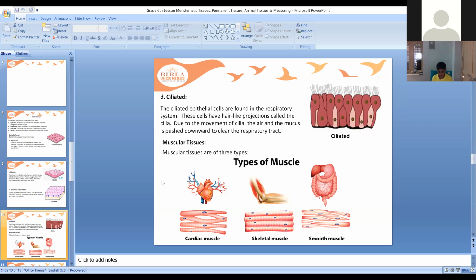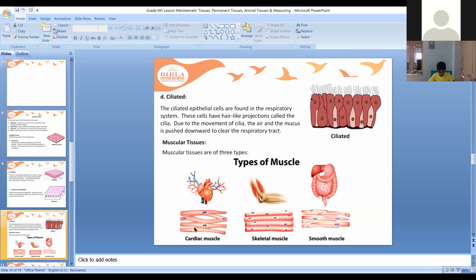Involuntary, ma'am. Involuntary. What do they help in? Yes, Joshit. Pumping blood, ma'am, and oxygen. They help in pumping blood. Okay, that's good.